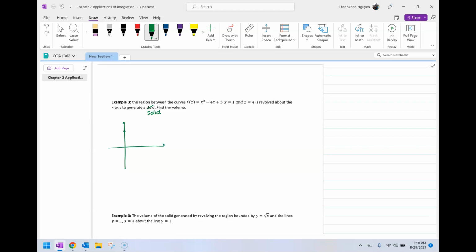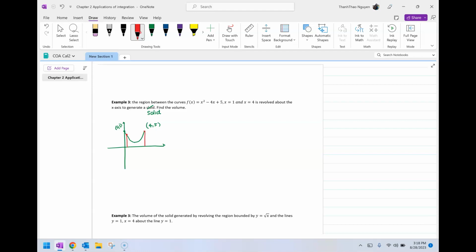So we have this point on the graph, 0, 5, and this point over here, 4, 5, and the parabola looks like this. Okay, and it is bounded by x equal 1 and x equal 4.